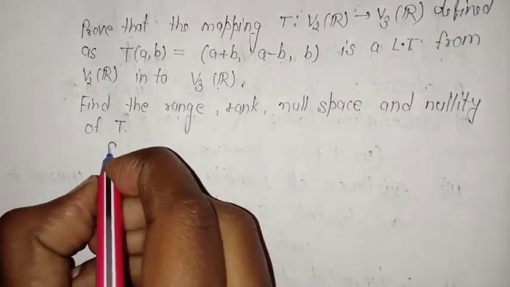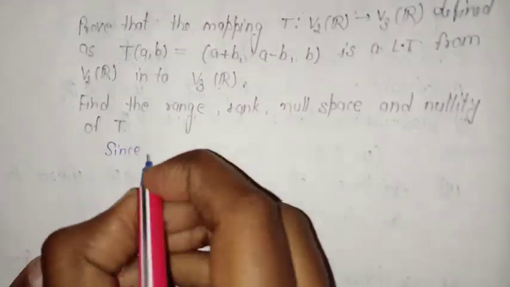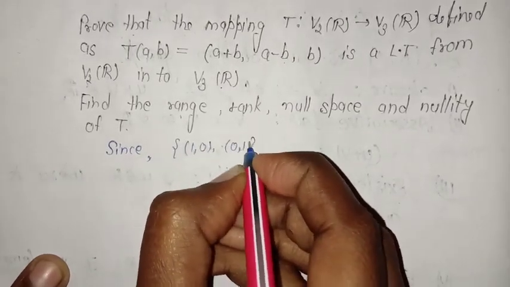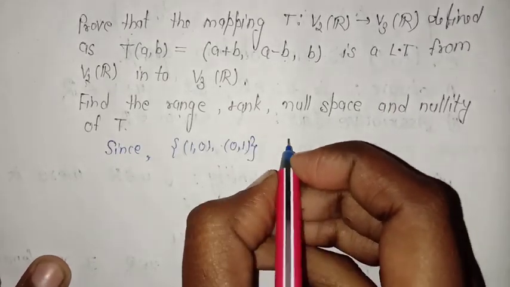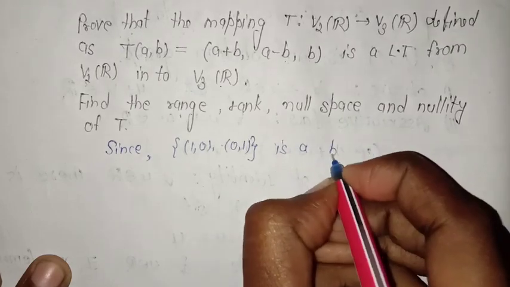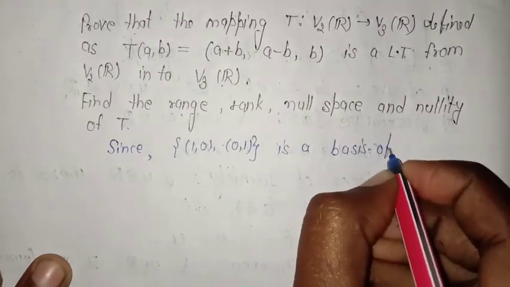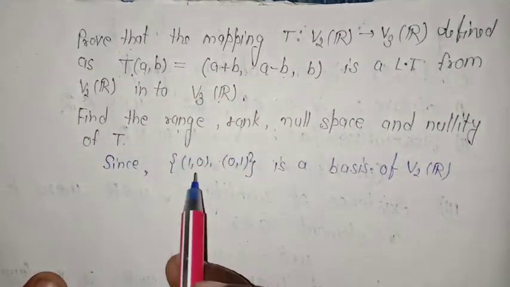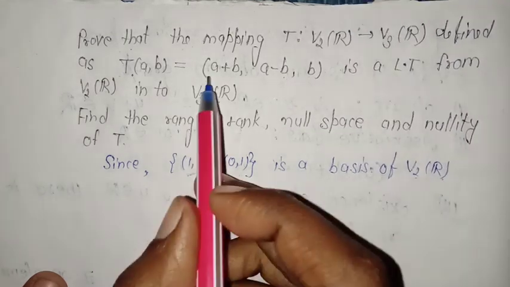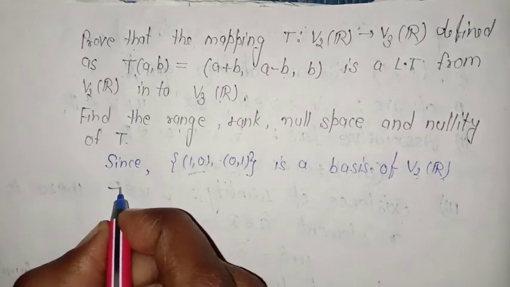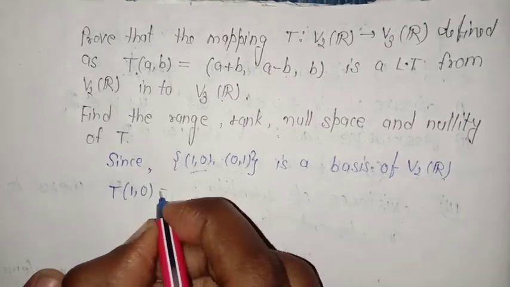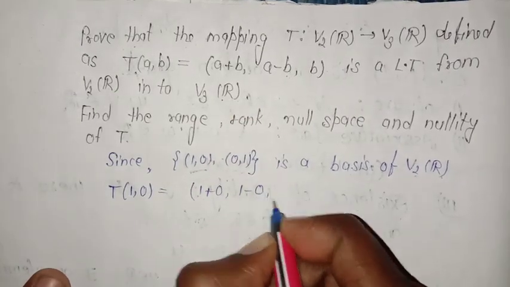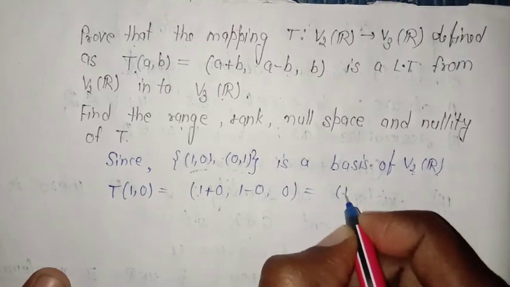Now, since (1, 0) and (0, 1), the standard basis, is a basis of V2 over R, if we find the image of these elements of the basis under the transformation T, we get T of (1, 0) equals (1 plus 0, 1 minus 0, 0), that is (1, 1, 0).